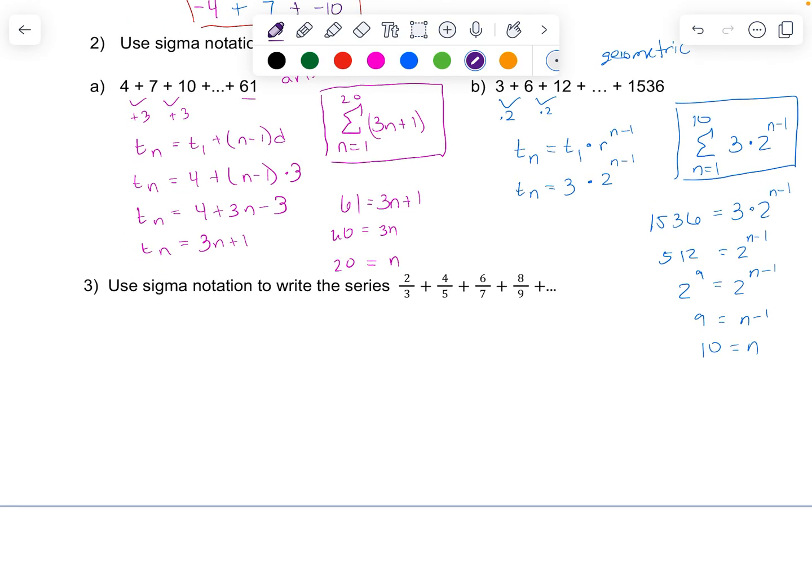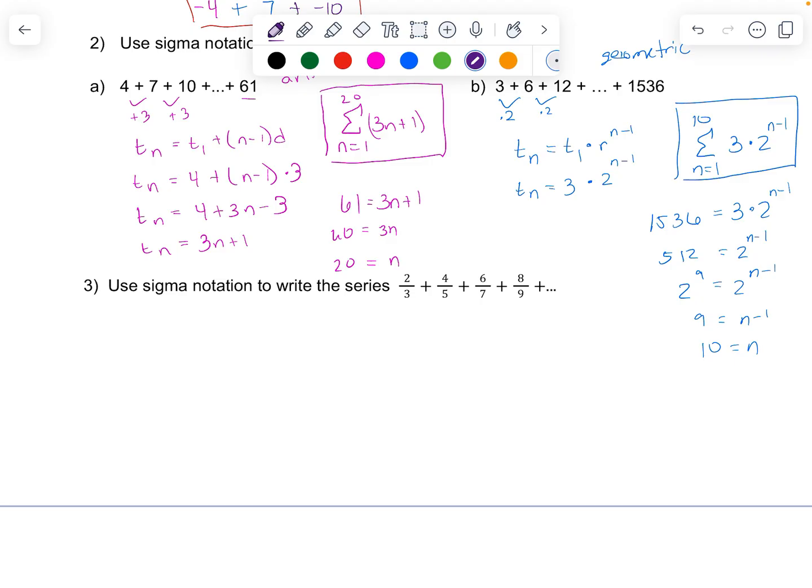2/3, 4/5, 6/7, 8/9. So there is not really anything I can add to 2/3 to get 4/5 that I can then add to get 6/7. Now also nothing I can really multiply 2/3 by to get 4/5 and then multiply it by that same value to get 6/7. So that means this is not arithmetic or geometric, but I do notice that there is a pattern.